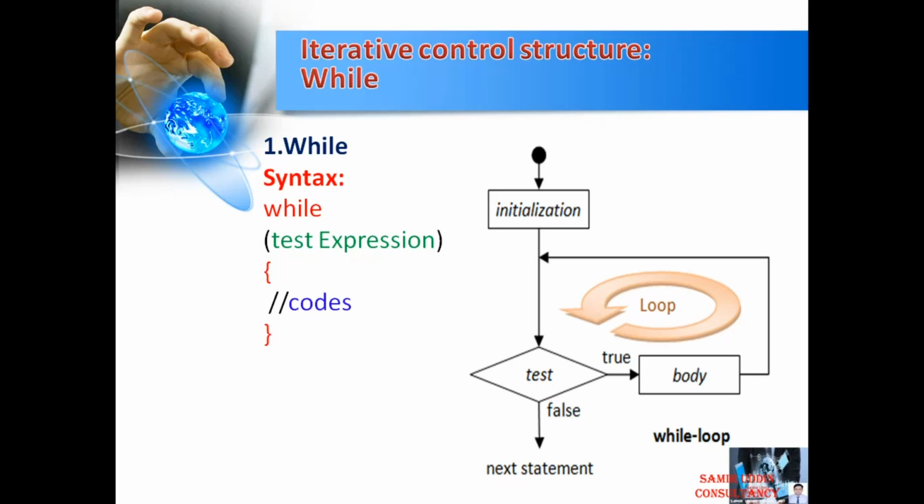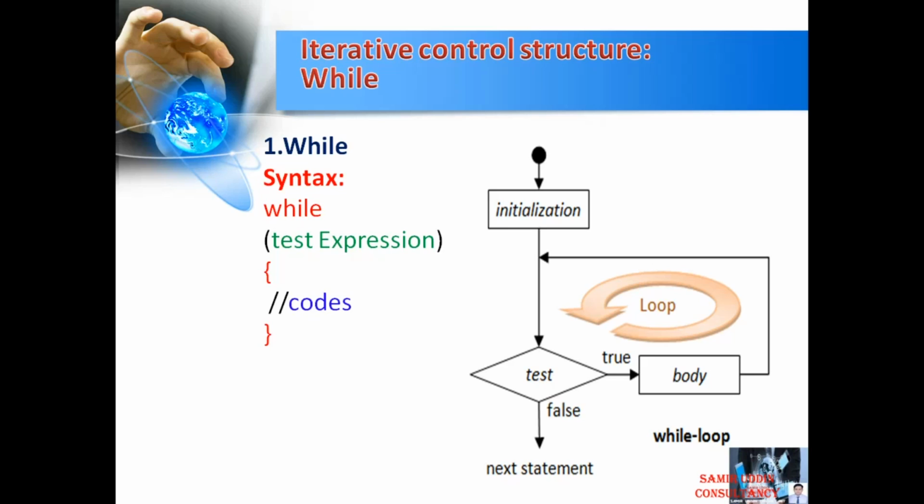Here you can see the syntax of while loop. This loop iterates as long as this condition is true. You can see that this is the termination condition of the while loop.